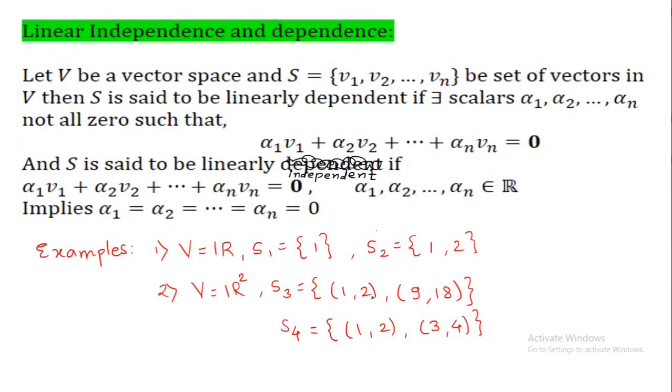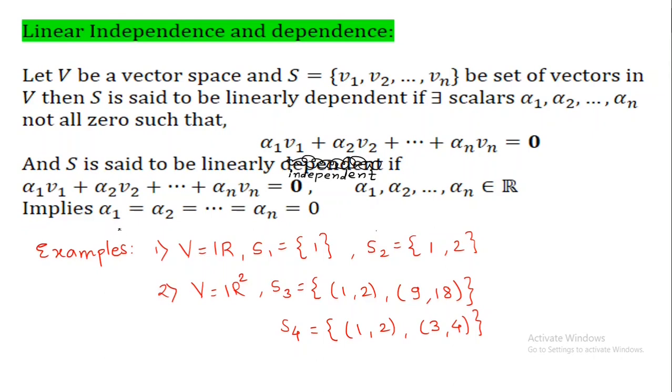But suppose a random set is given to us, and suppose we have to check whether it is linearly dependent or independent, then how to check? So the process is, we are going to start with alpha 1 v1 plus alpha 2 v2 plus so on alpha n vn is equal to 0, and we will try to find our values of alpha 1, alpha 2 and alpha n.